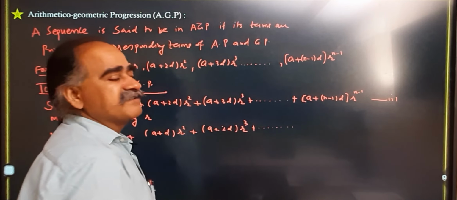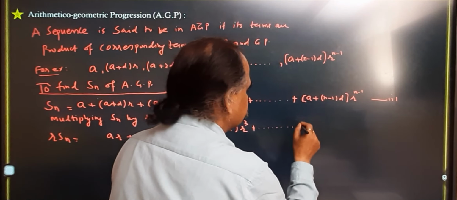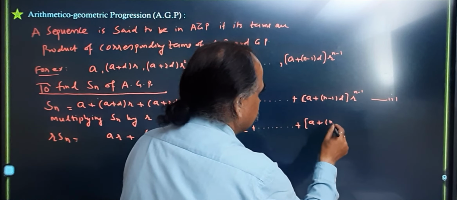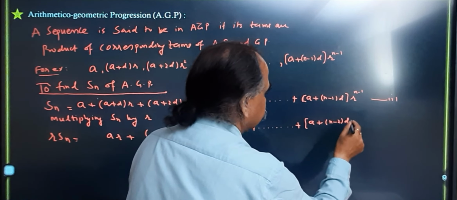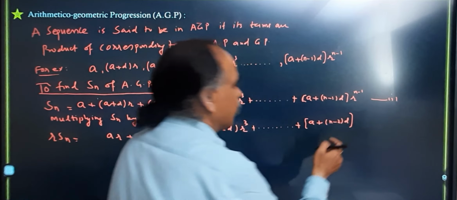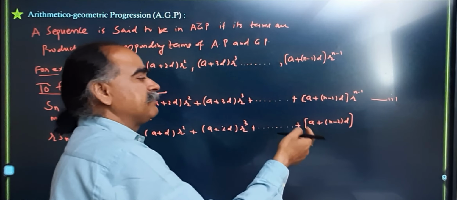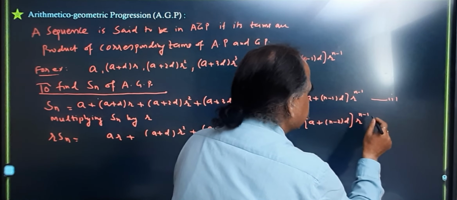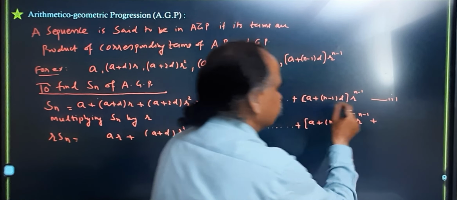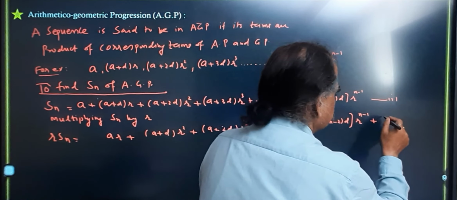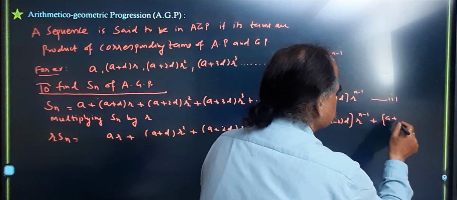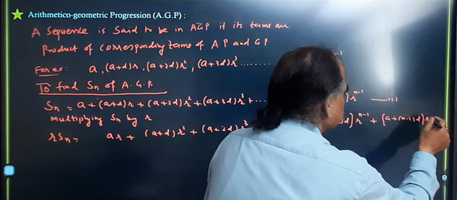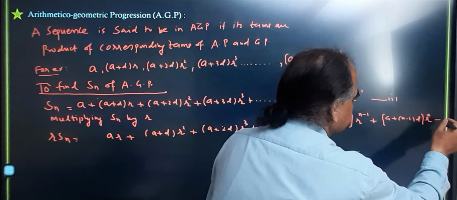Before this is R raised to n minus 2, and that is A plus n minus 2 D, and R raised to n minus 2 you multiply by R will give you R raised to n minus 1, plus in this you multiply by R, so it will become A plus n minus 1 D into R raised to n. Equation number 2.